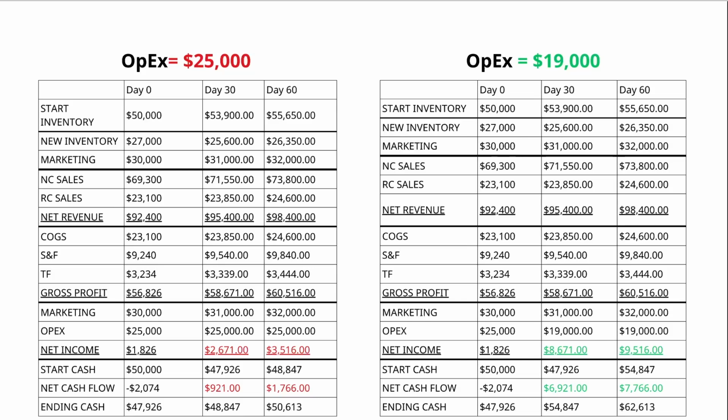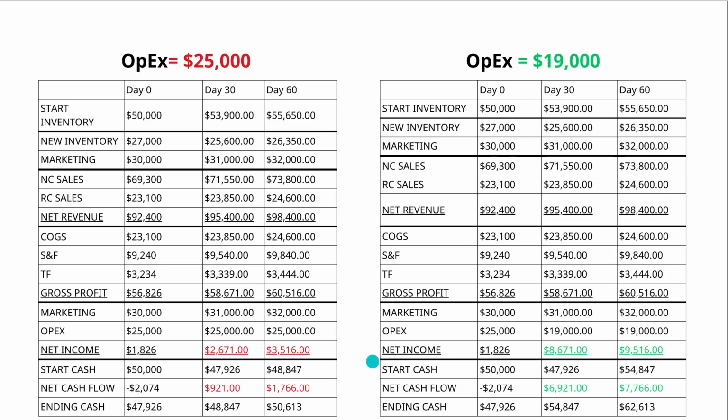An example here is if you have a brand on the left with $25,000 in OpEx versus a brand on the right who has now improved their OpEx position and decreased to $19,000, the difference that happens at the net income level is a $6,000 improvement. So there's no changes to revenue, there's no changes to gross profit, but then at the fixed expense level, you have this $6,000 decrease, which then flows into $7,000 in net cash flow.